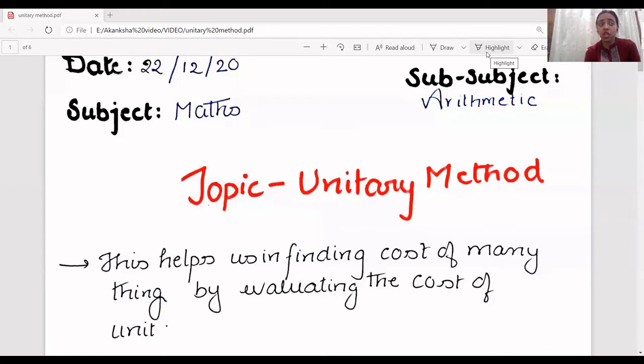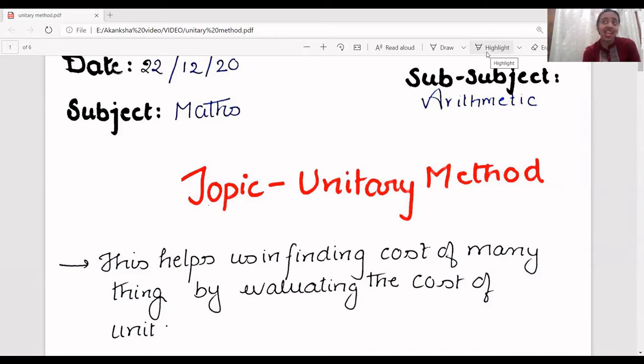The first question that would strike your mind is, what is the cost of one product? Because the cost of one element will help you to calculate the cost of any amount of elements, right?